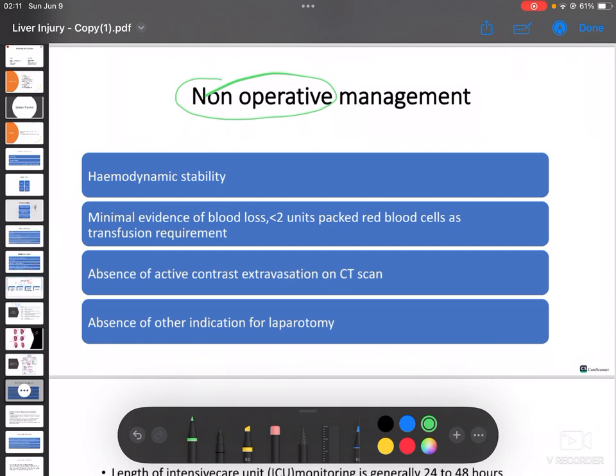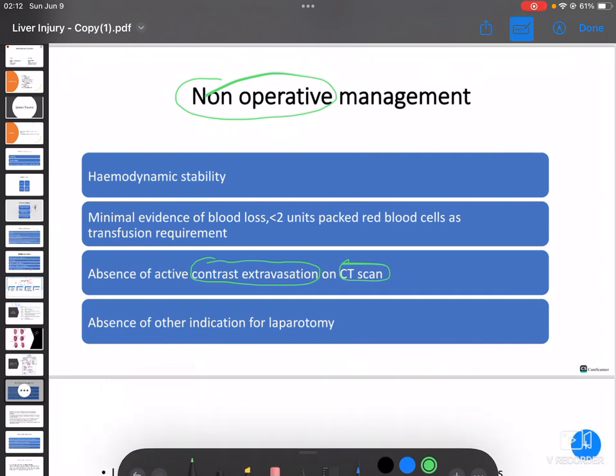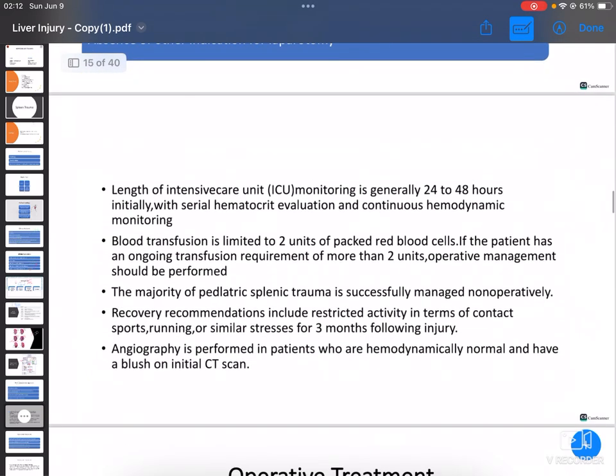Absence of active contrast extravasation on the CT scan. Contrast extravasation is a very important landmark for the operative procedure, and there should be no other indication for operative management.